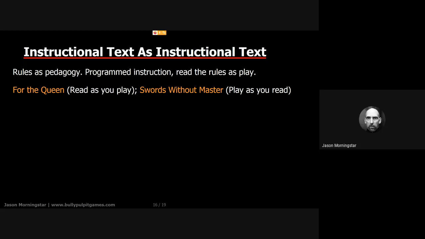Swords Without Master is a wonderful game that is sort of, I don't want to say the opposite of that, but you can sit down with Swords Without Master and immediately start playing in a similar way. But if you're looking for a game that is a genius implementation of the game as instructional text, For the Queen is the game I would recommend looking at.